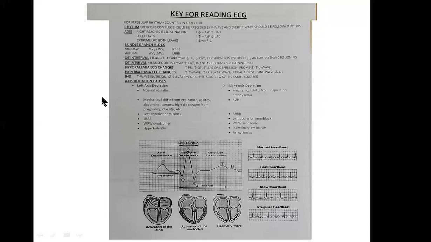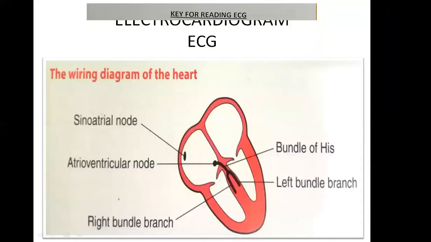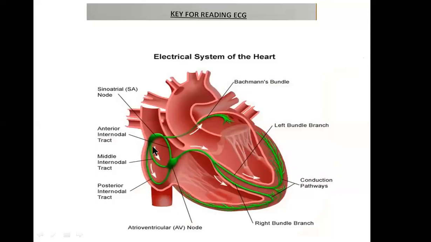Electrocardiogram is the recording of the electrical activity of the myocardium. It is not the single cell which is showing its current in the ECG. It's a combined effect of the atria and then the ventricles. The impulse starts from the sinoatrial node, and then it spreads into both the atria and depolarizes the atria.